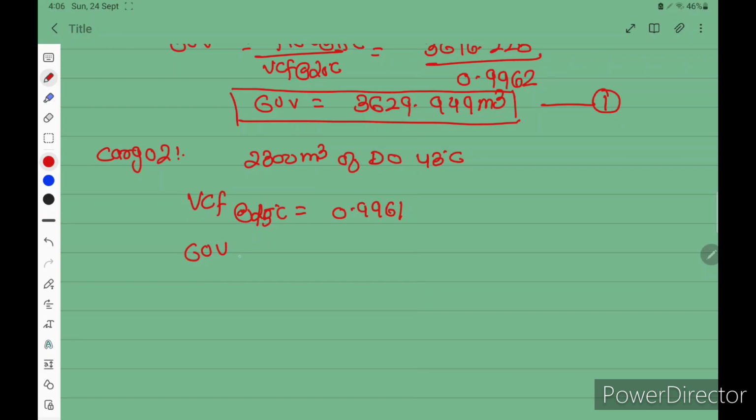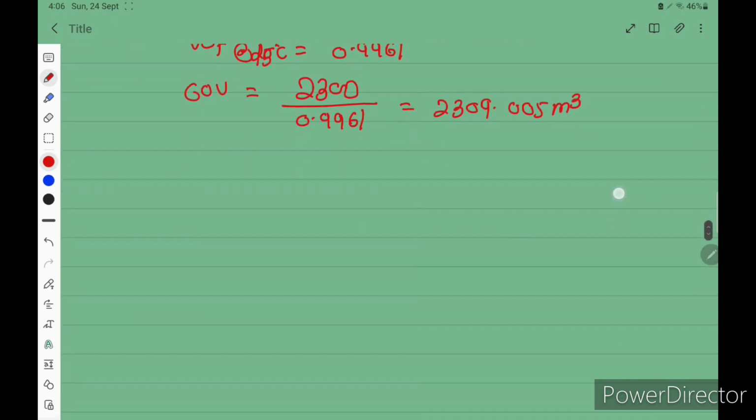So GOV is equal to 2300 divided by 0.9961, which is 2309.005 meter cube. Okay, so this is second. Now both oils are blended.